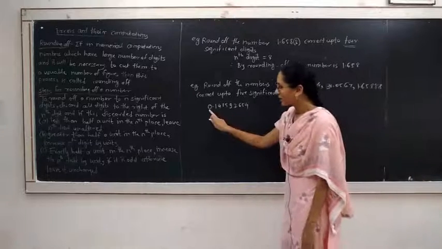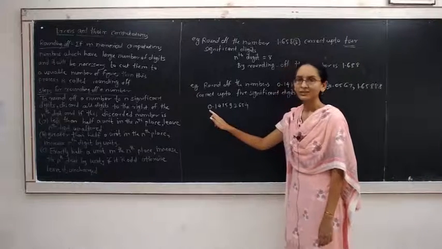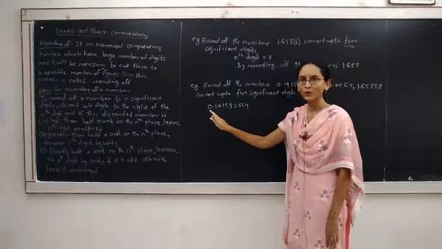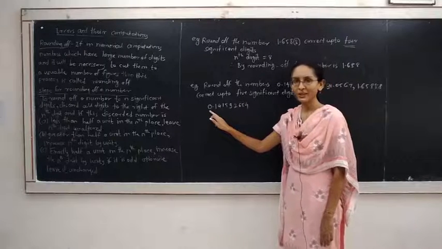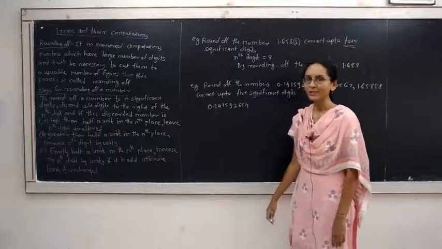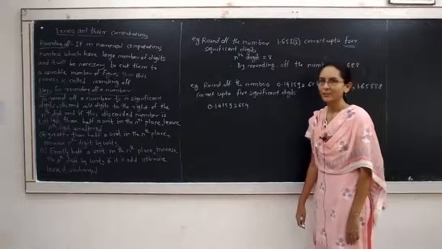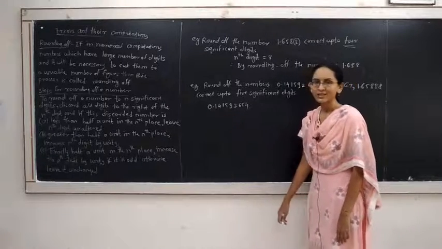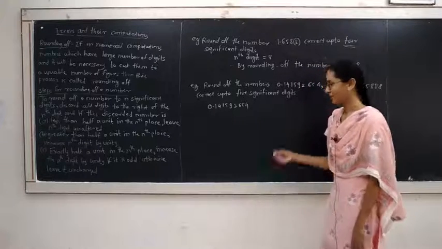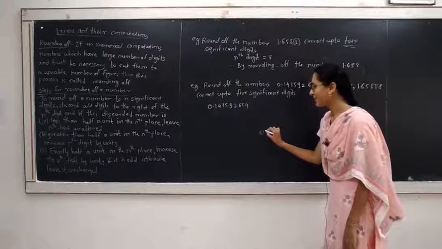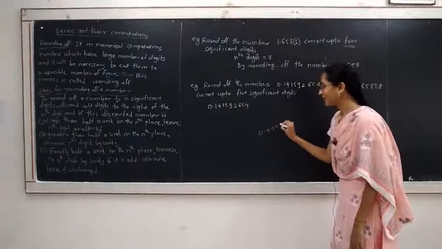This 0 is not a significant digit. It only represents the position of the decimal point. We cannot count 0 as a significant digit or significant figure because this 0 represents only the position of the decimal point. Another example for the same is 0.0003.